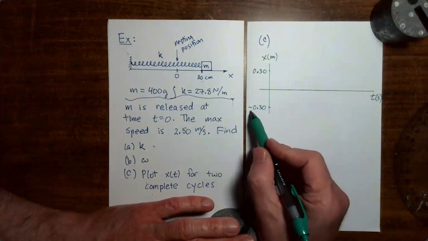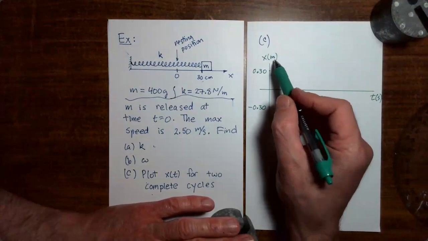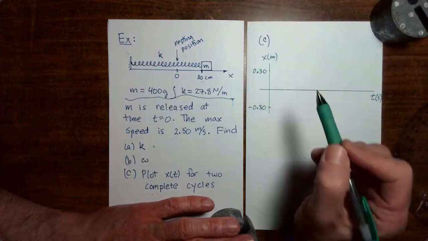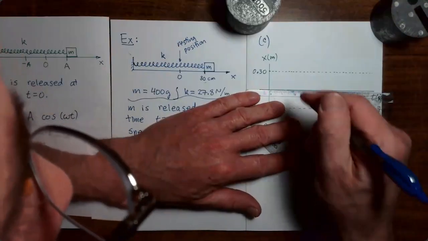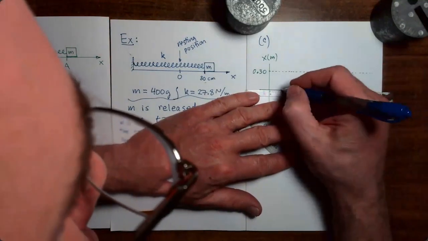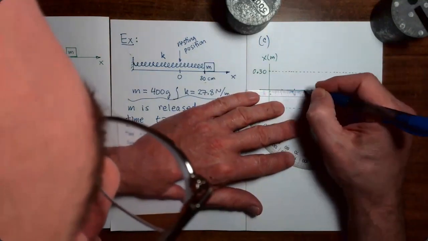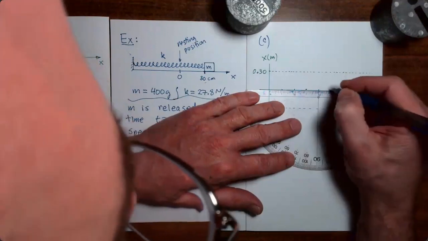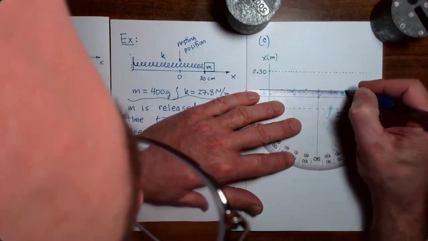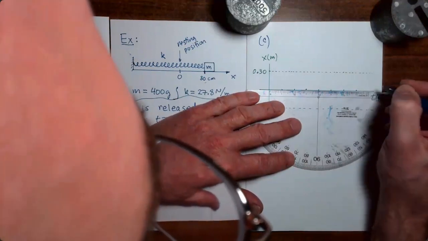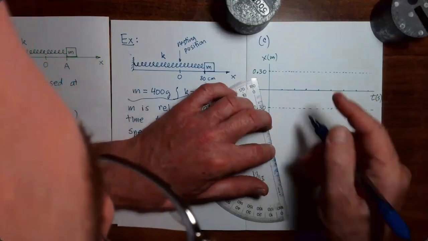Then the most negative position would be minus 0.30. Again, the unit meters given by the axis label. Now I'm just going to plot 2 cycles of a cosine function as usual. And I like to do this by making marks on the page as to where the plot is at each quarter cycle.